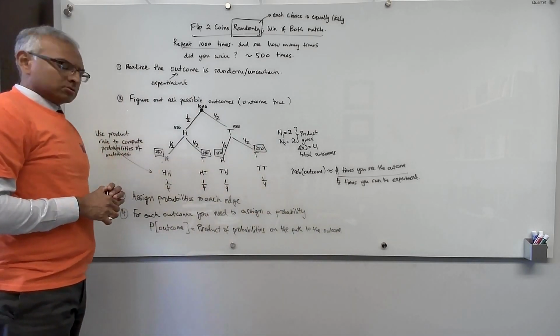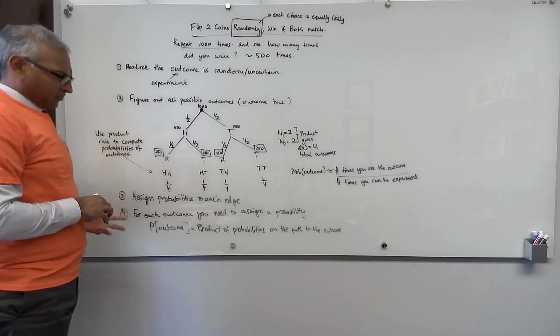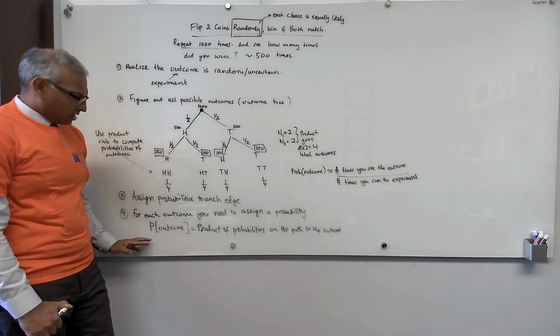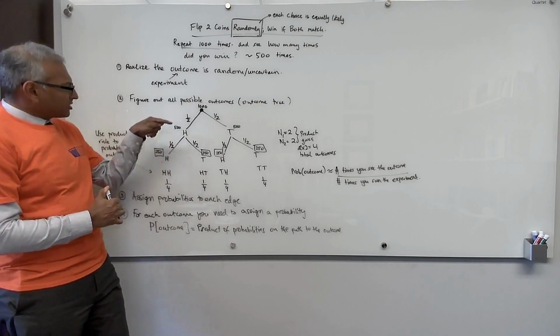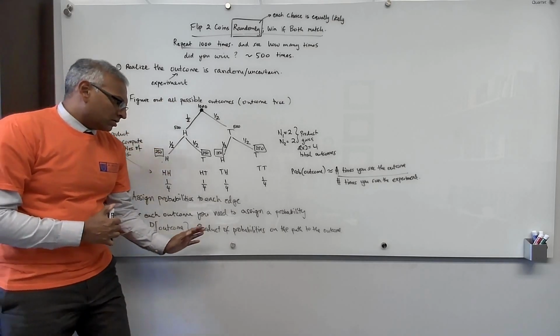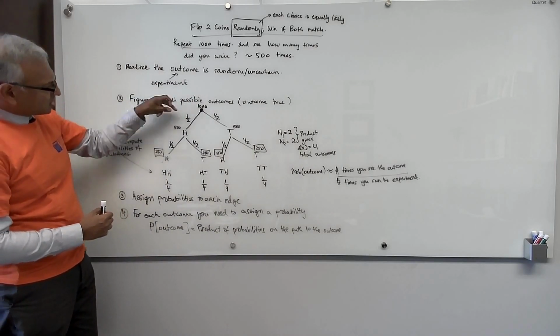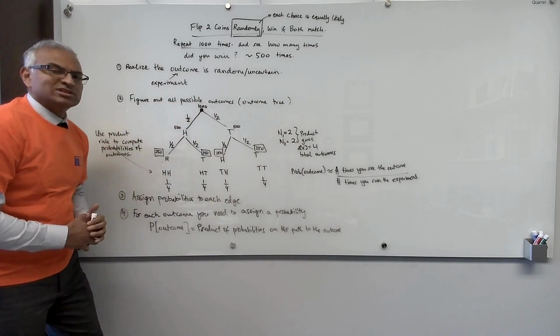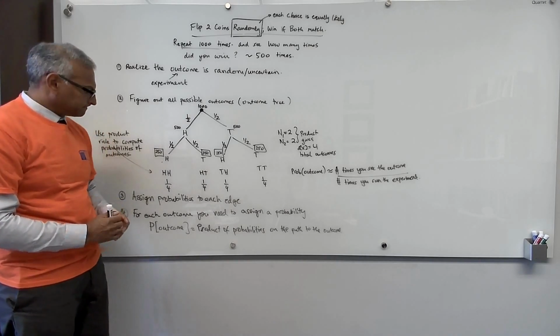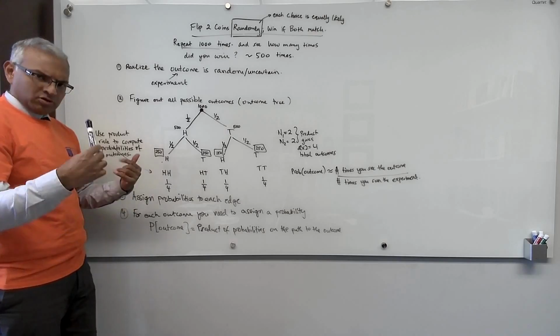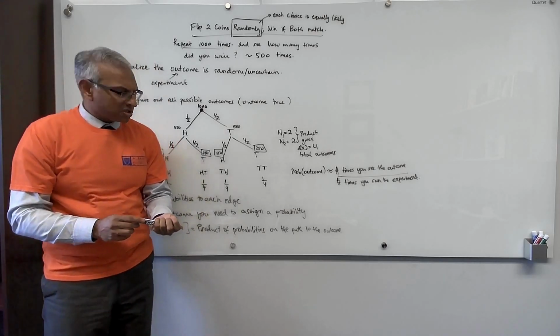So how do you do that? You take the product of probabilities on the path to the outcome. The path to this outcome is h, and the product of those is 1/2 times 1/2, which is 1/4. A couple of notes, observations.